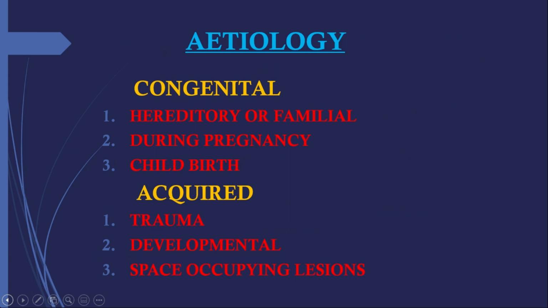When we talk about etiology or the causes of DNS, we can subdivide that into two. One is congenital and the other is acquired. Among the congenital ones, one has got hereditary or familial causes, or the type of DNS occurring during pregnancy, and the type that may occur during childbirth.